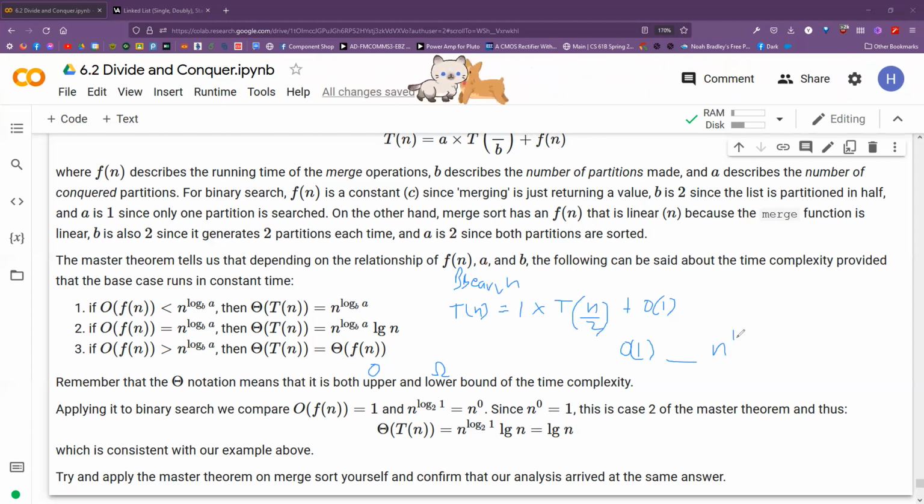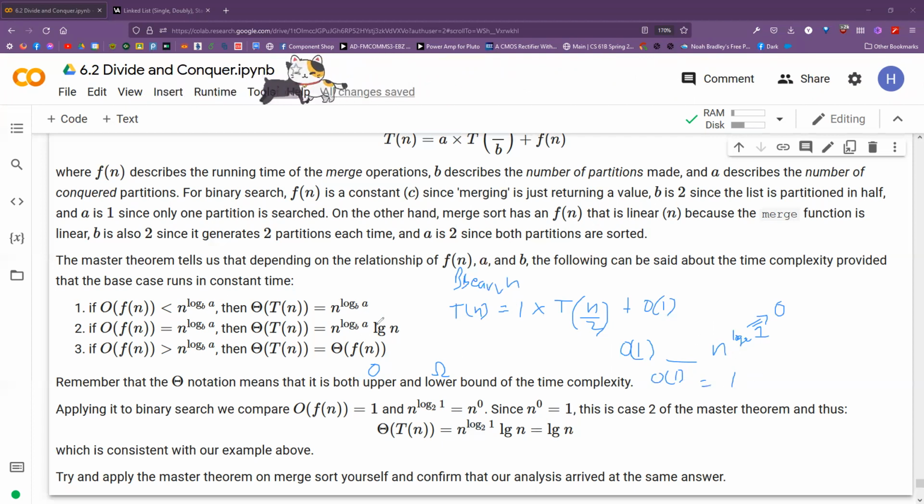So b is 2, so n to the log base 2 of 1. So ano yung power ni 2 para maging 1? That is 0. And n to the 0 is 1. So O of 1 is equal to 1.